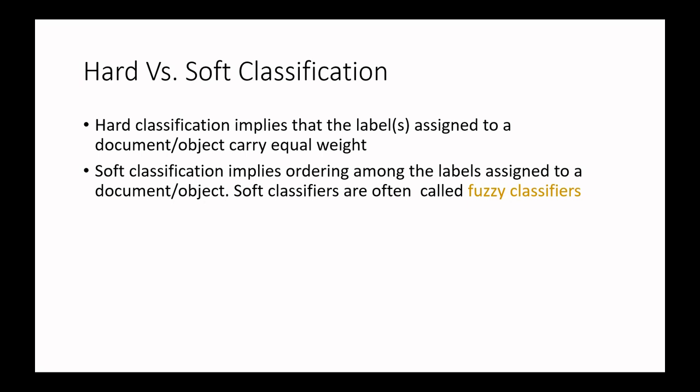In soft classification, you don't say this is 5 or 9. You produce a result where different labels are given different weights. You say the weight that this could be digit 9 is so much, the weight that this could be digit 7 is so much, and so forth.